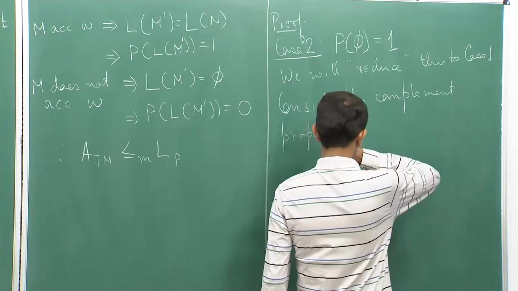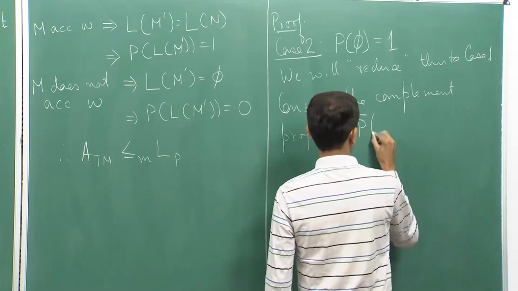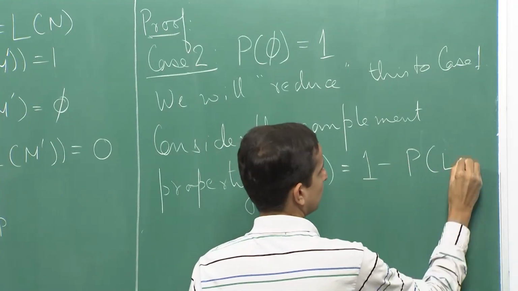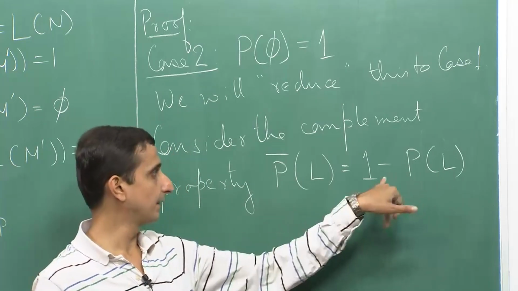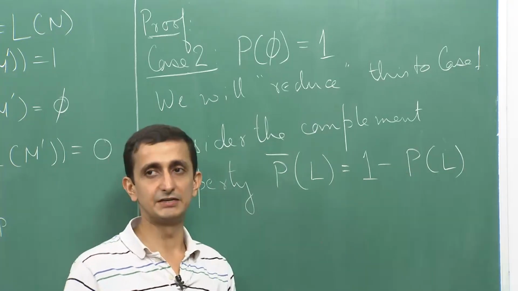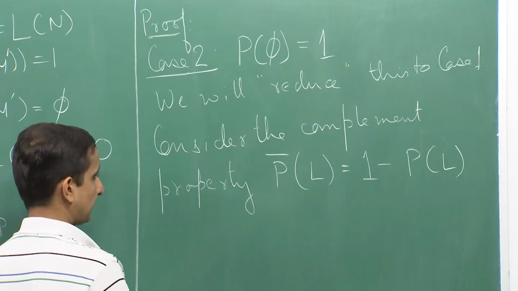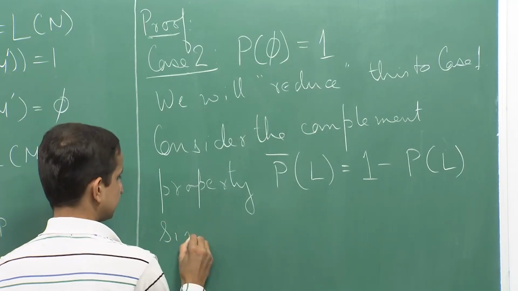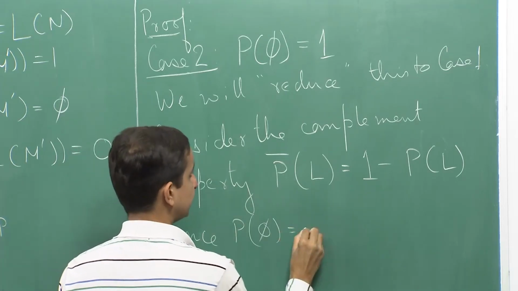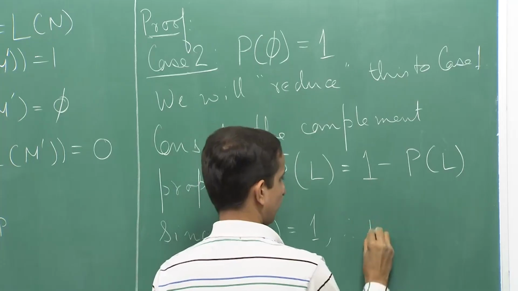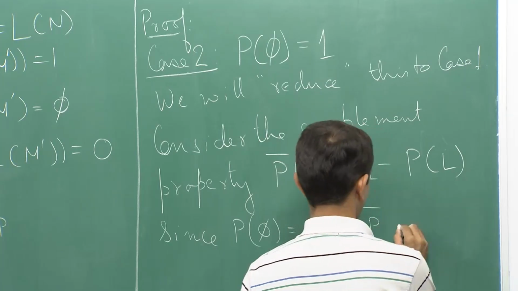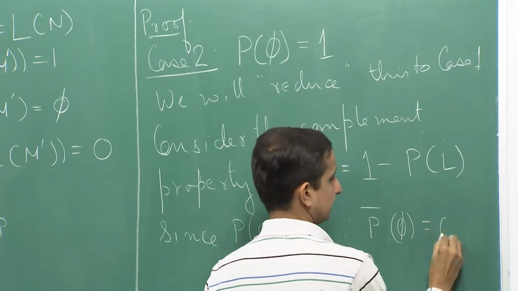If you want, you can define it also: P bar of a language L is equal to 1 minus P of L. So, if P of L is 0, then P bar of L is 1, and if P of L is 1, then P bar of L is 0. Now, since P of phi is equal to 1, therefore, P bar of phi is equal to 0.